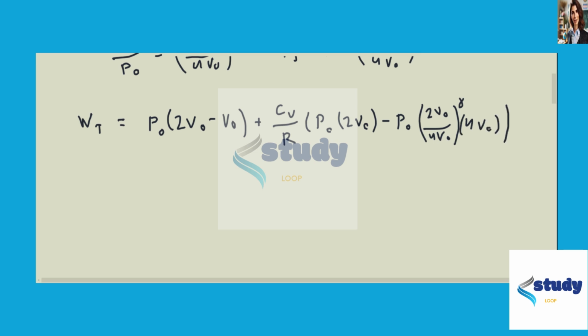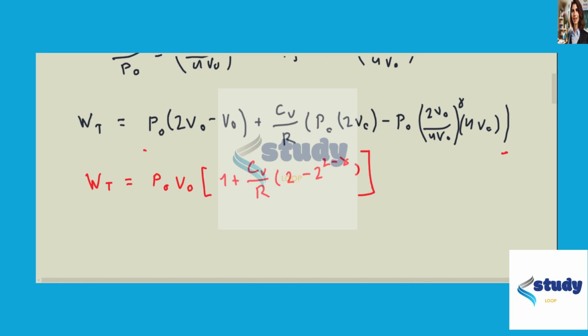When we cancel out all of the V0s in the whole expression, and arrange it so that we place common multiplicators outside of the brackets, we obtain that the final expression will be P0 V0 times 1 plus CV over R times 2 minus 2 to the power 2 minus gamma.